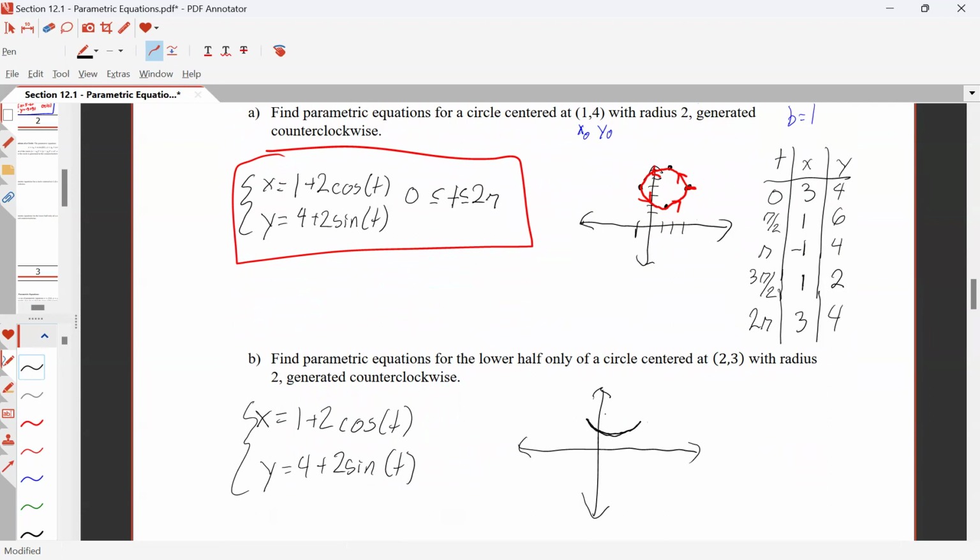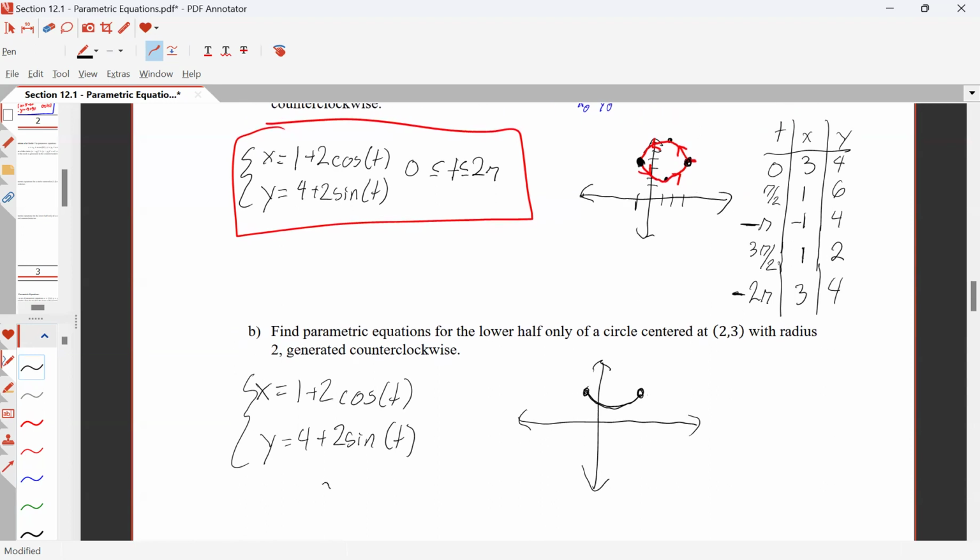So I want to find the t values that give the lower half of the circle. And since we are generating counterclockwise, that starts at our pi value and goes to the 2 pi value. So if we just take from pi to 2 pi, and the same would happen on our unit circle, that gets the lower half of the circle. So pi is less than or equal to t is less than or equal to 2 pi.